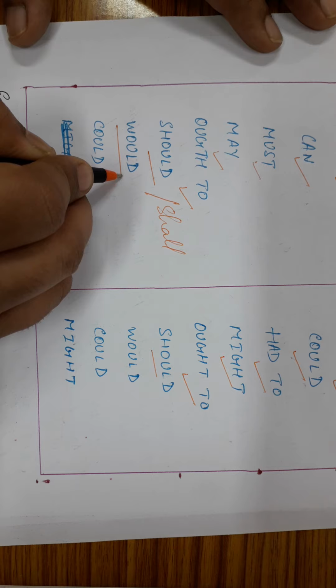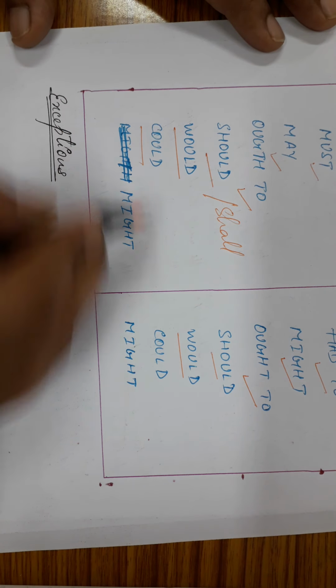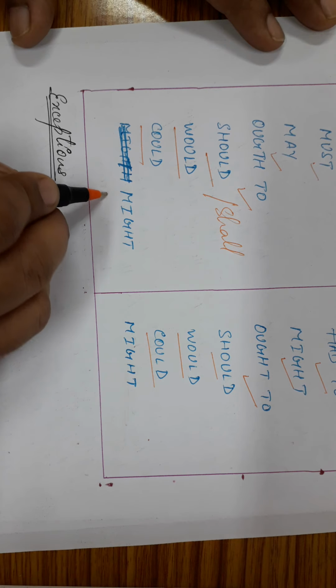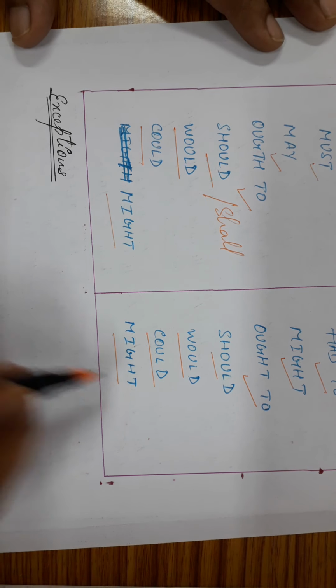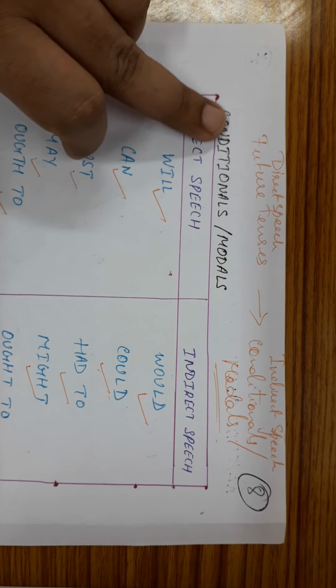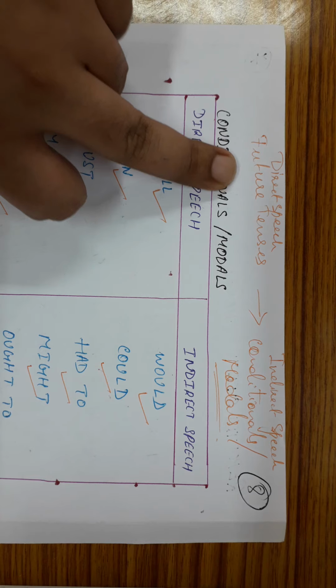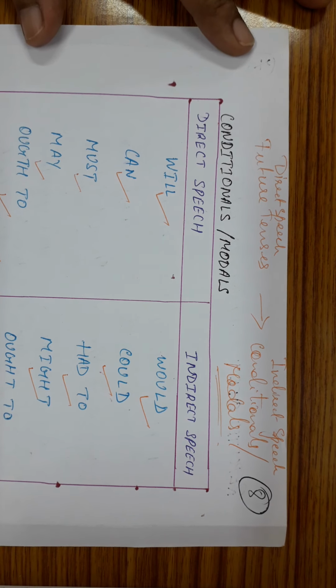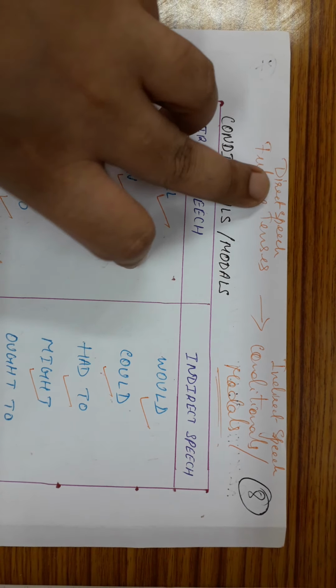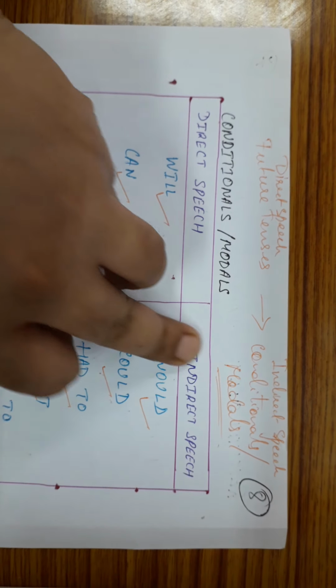If it is would in direct speech, it will remain would. If it is could, it will remain could. And if it is might, it remains might. So for future tenses, there is an exception that whenever we have future tenses in direct speech, they follow the rules of conditionals when converted to indirect speech.